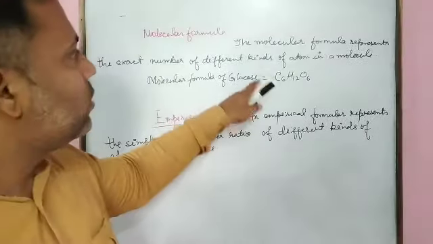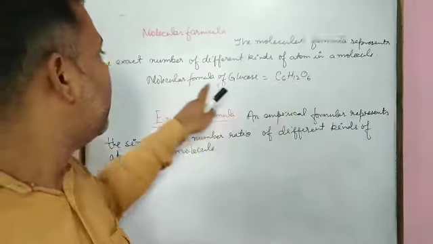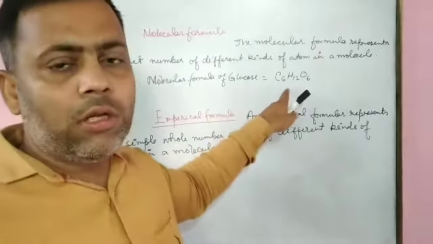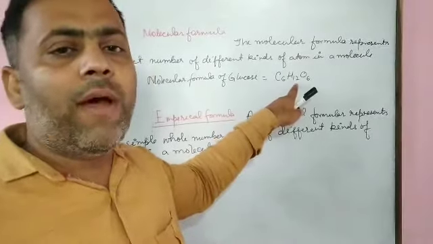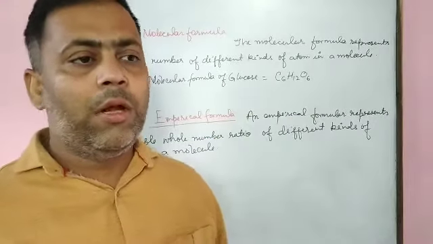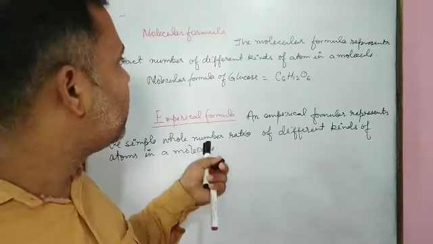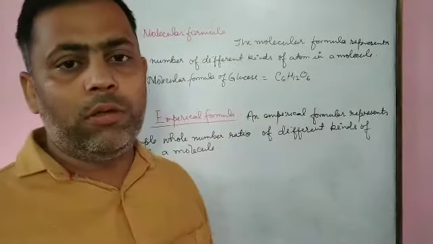It shows the exact number of different kinds of atom. It means glucose contains 6 carbon atoms together with 12 hydrogen atoms and 6 oxygen atoms. It means the molecular formula represents the exact number of different kinds of atom in a molecule.